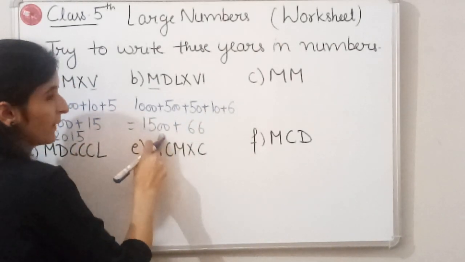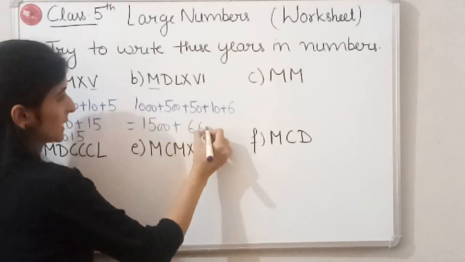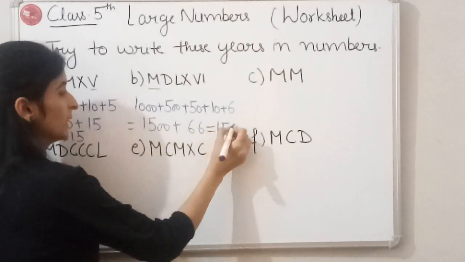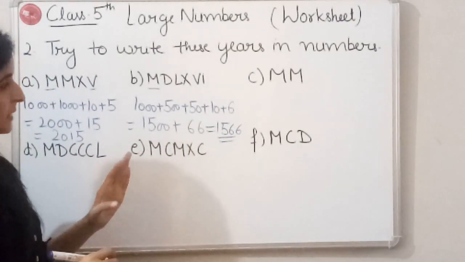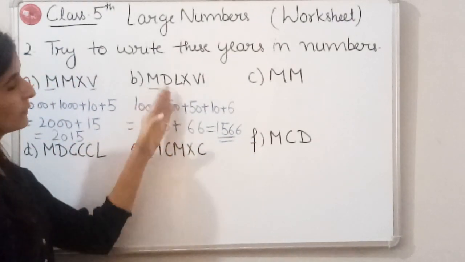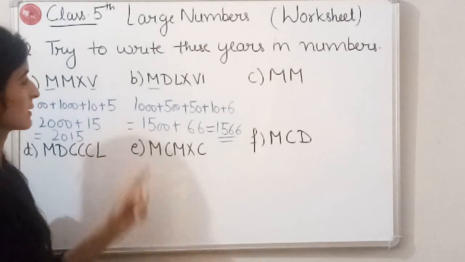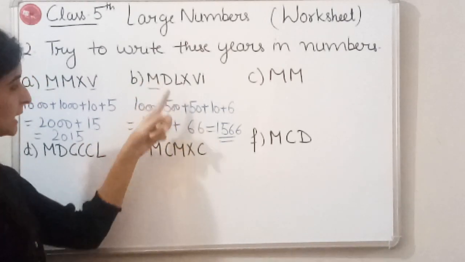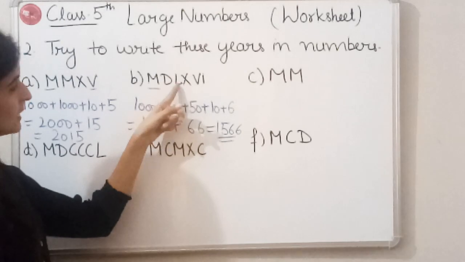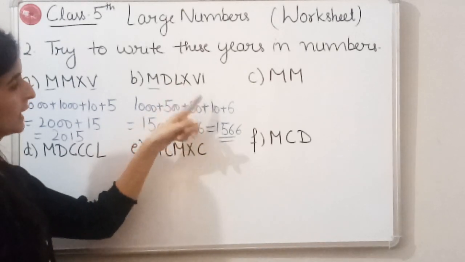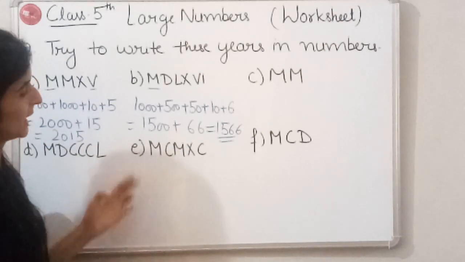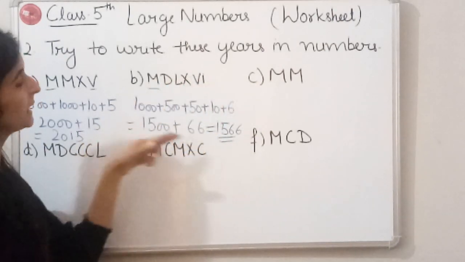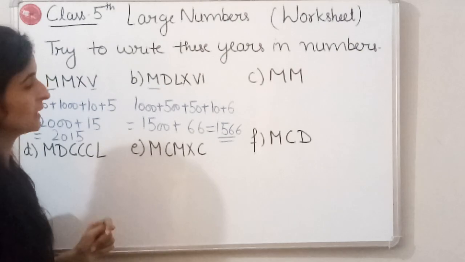So 1500 plus 66 is equal to 1566. You just have to write down the values of these given numerals. M is for 1000, D is for 500, L is 50, X is 10 and VI is 6. And when you add them collectively, the answer will be 1566.